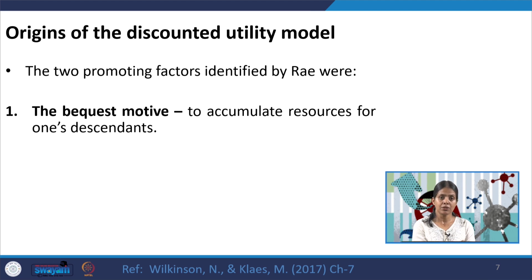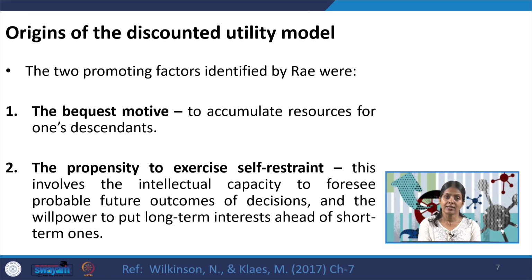So, people save also in order to leave something for the generations to come. So, that is the bequest motive. And the second thing is the propensity to exercise self restraint. This involves the intellectual capacity to foresee probable future outcomes of decisions and the willpower to put long term interest ahead of short term ones.